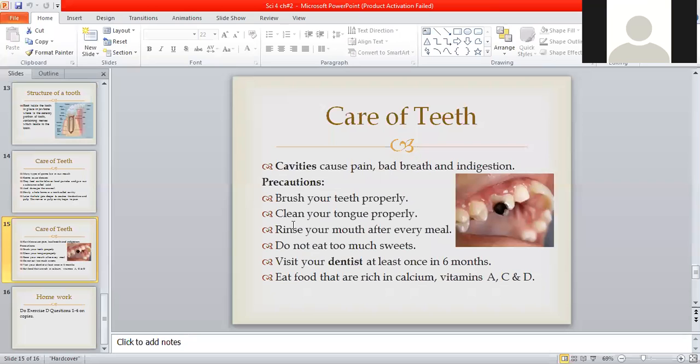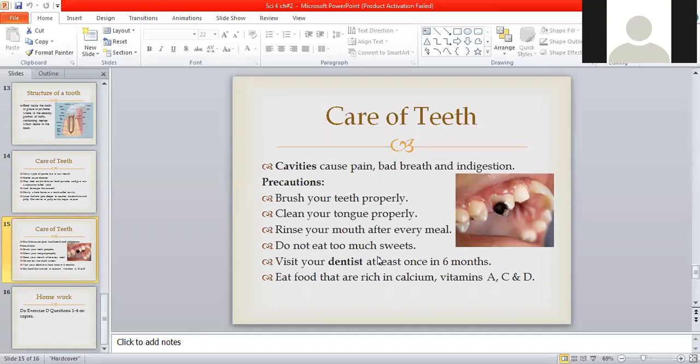You also need to clean your inner side. So rinse your mouth after every meal. Again and again, I told you, you must rinse your mouth after every meal with water.